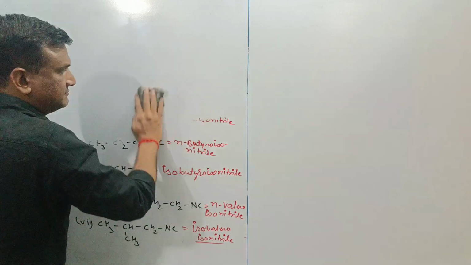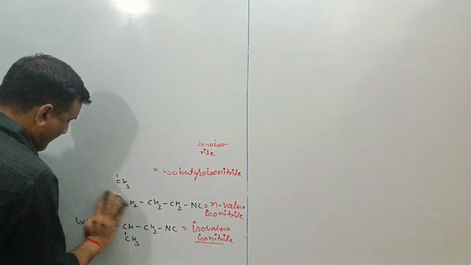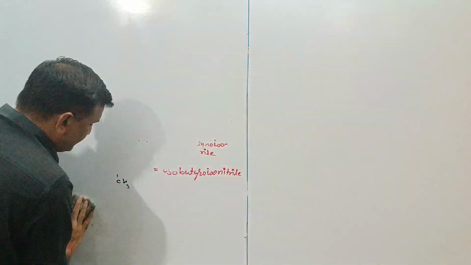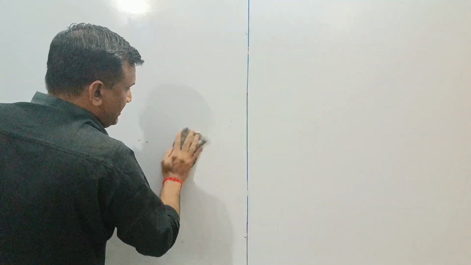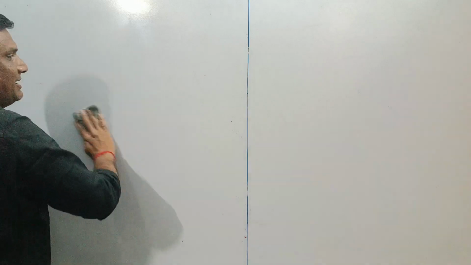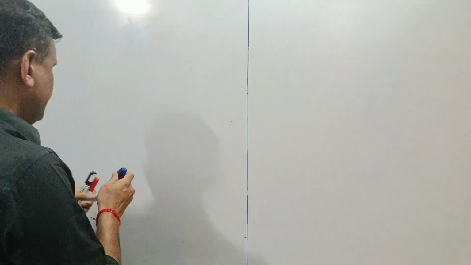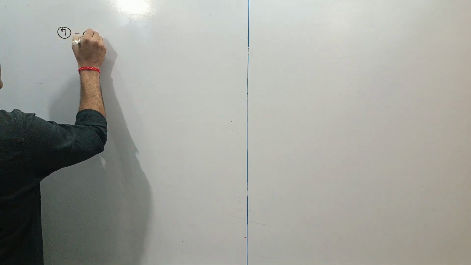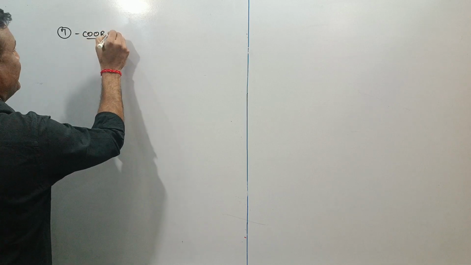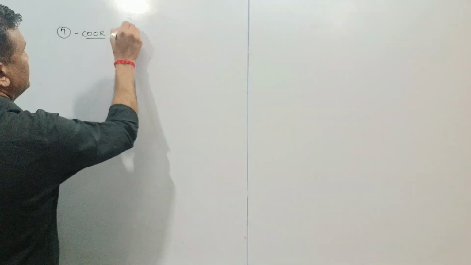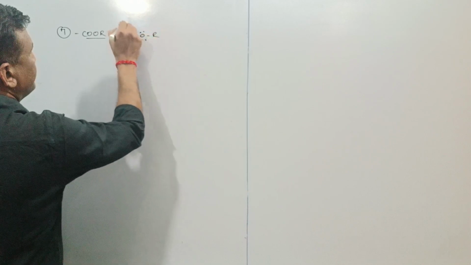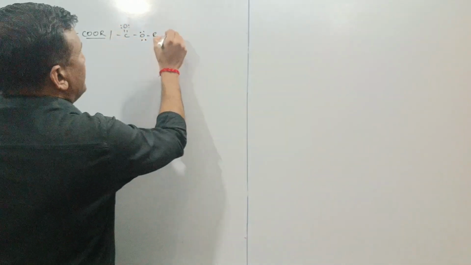Listen to me carefully, because it's too important, and as I told you, I'll take just the important and basic things also. So the seventh functional group is COOR, it can be written as follows: COOR with two lone pairs. It is also called ester.